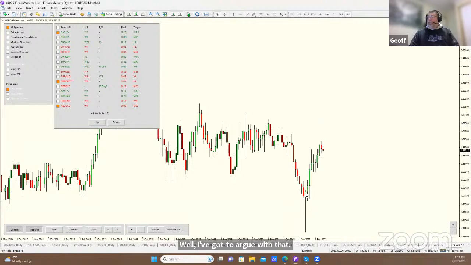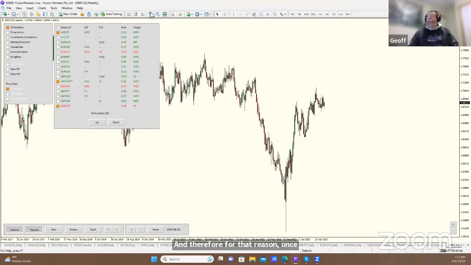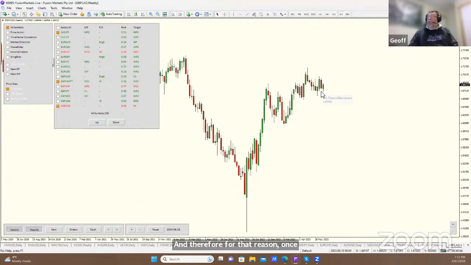Yes, I've got a big reversal bar here, but overall, if I go a little bit wider, this market is not, to my mind, in an uptrend or showing complete bullish momentum. This may well be a short covering rally, which means that I'd much prefer to trade it short than long. And therefore, for that reason, once again, the key reversal bar that's suggesting that we go long here is not one that I would like to trade.